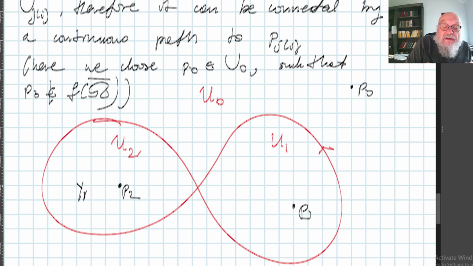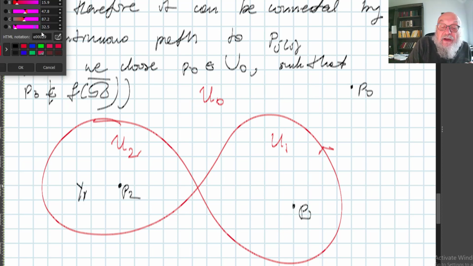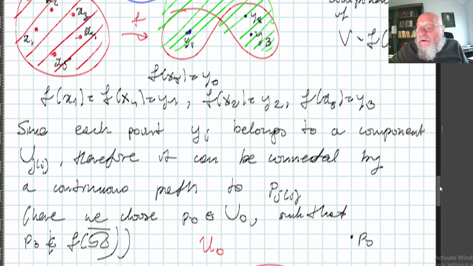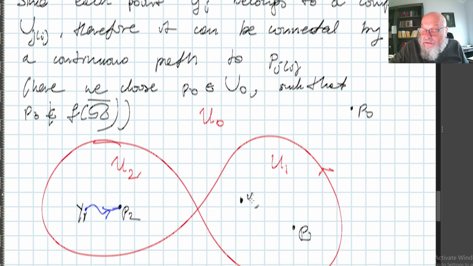There is a path, a continuous path. And then there are two or three points here, Y2 and Y3, and for them there also exists a path.